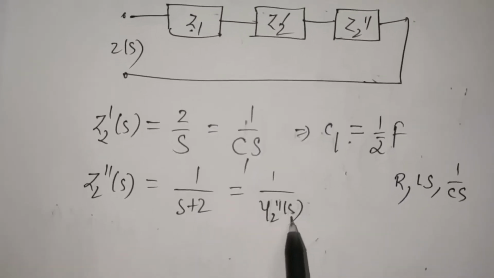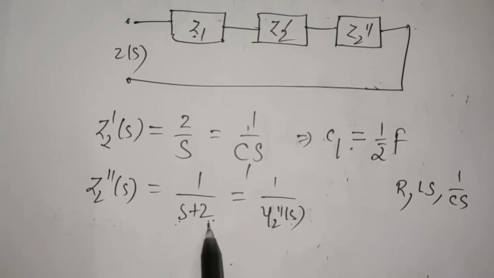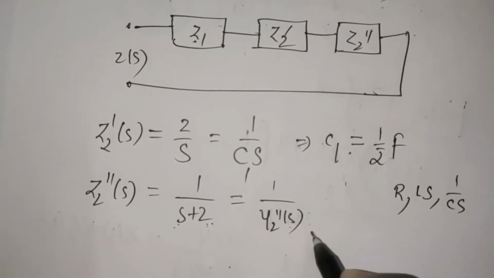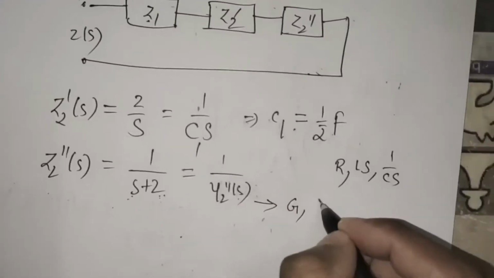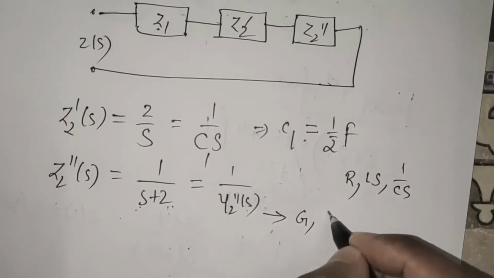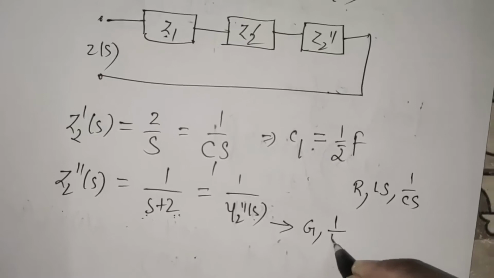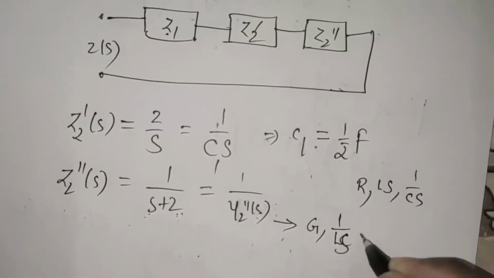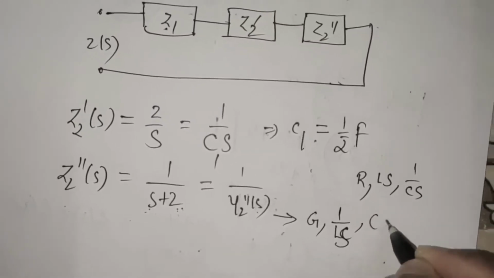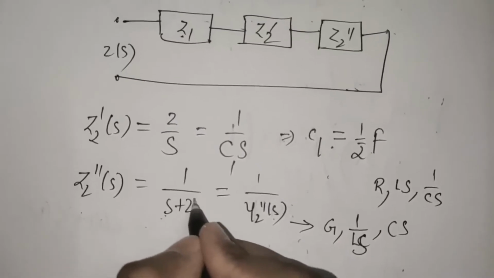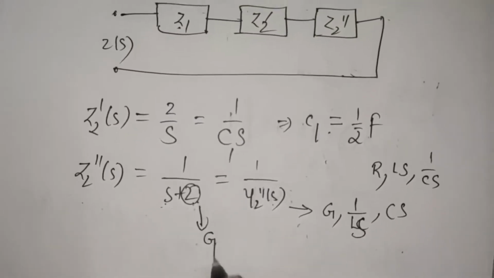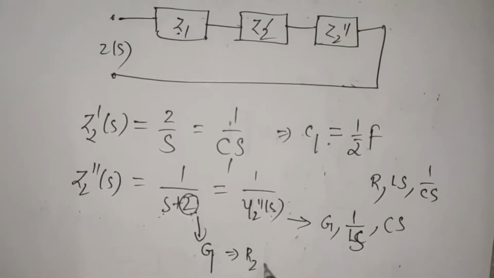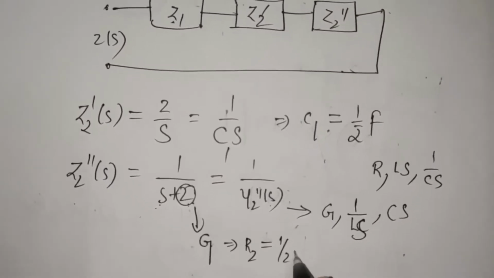So in admittance these two terms are being added. So in admittance form we know that constant represents G, inductor represents 1 by Ls, and capacitor represents Cs. So this 2 indicates G, so implies R2 value is 1 by 2 ohms.